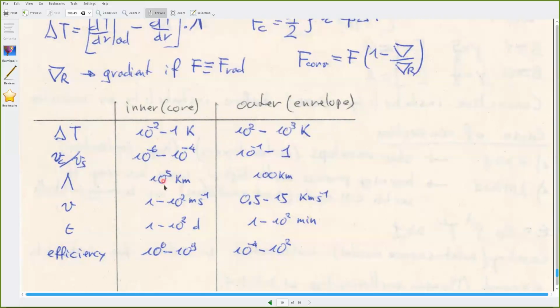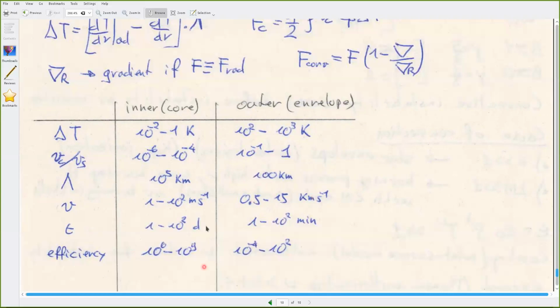This seems really big, but actually it's just 1/7 of the radius of the sun, and we know that the core of the sun is more or less 1/3. So it's small, actually. The velocity is on the order of 100 meters per second, while outside it's definitely higher, as said before, on the order of kilometers per second.